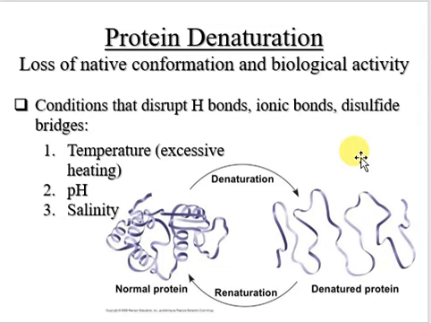There are some instances where you can have the renaturation after a protein's been denatured, but it has to be dissolved for a specific amount of time and then restored back to pristine environmental conditions that allow for its normal functioning. So usually it doesn't occur, but sometimes it can renature if that denaturing agent's removed.